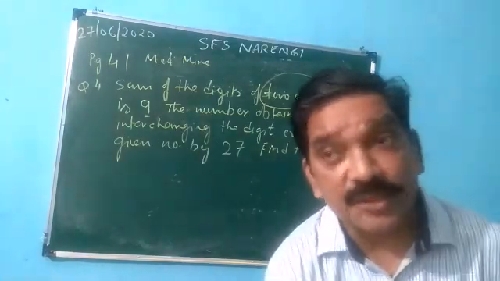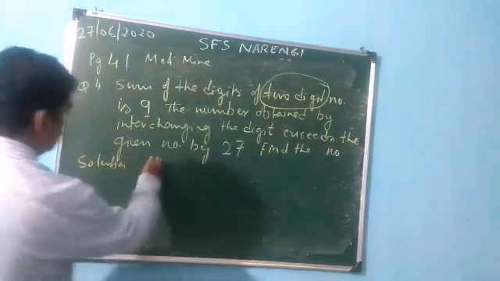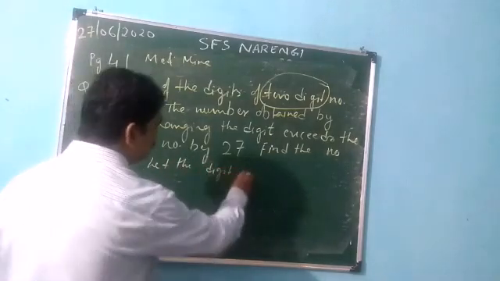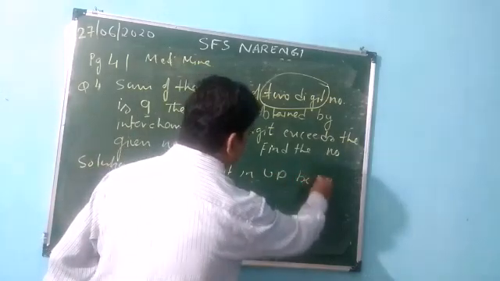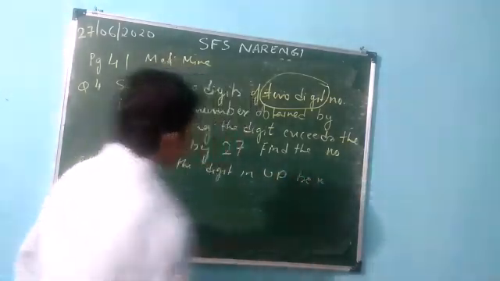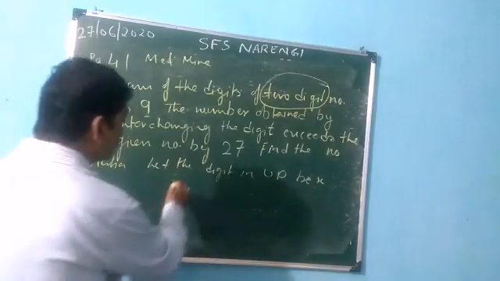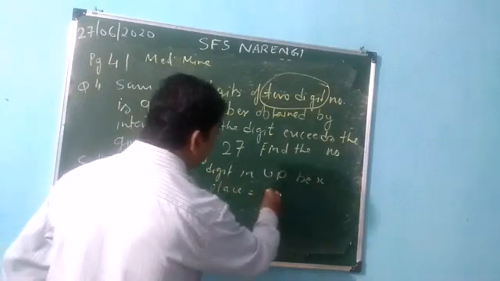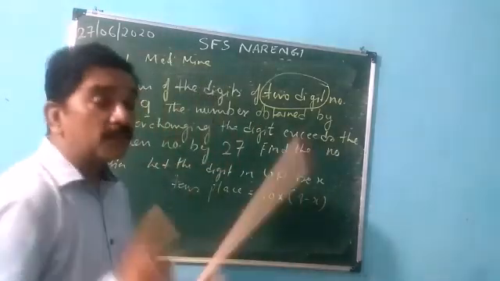So let the digit in unit place be x. Then the tens place will be 9 minus x, because the sum of digits is 9.